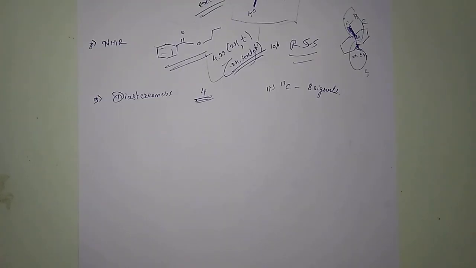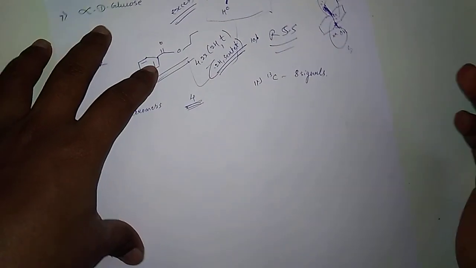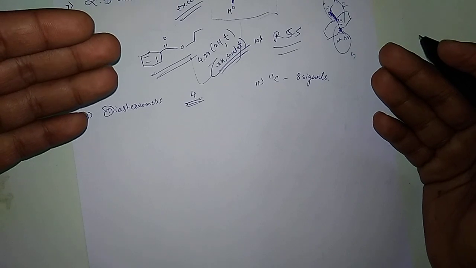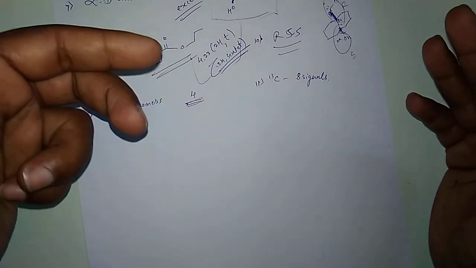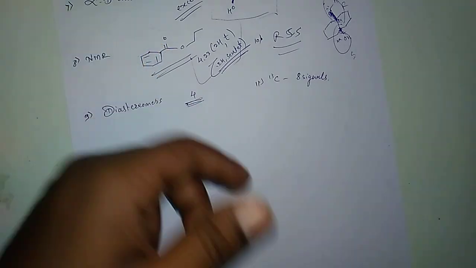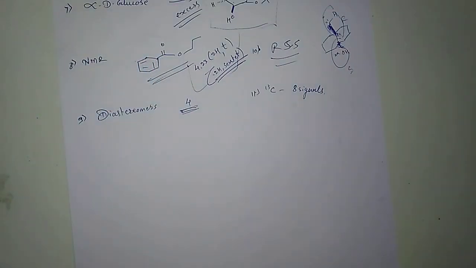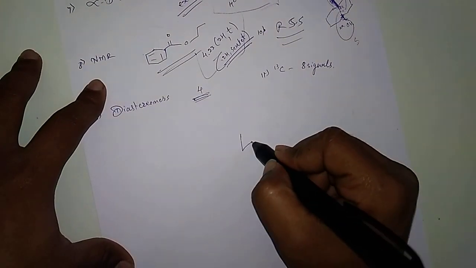And there again you had to count the number of C13 proton-decoupled signals in one structure. Actually that was a reaction. Many of the guys would have been confused, and they would have counted the number of carbon signals in the structure given, but there was a typical reaction happening there.